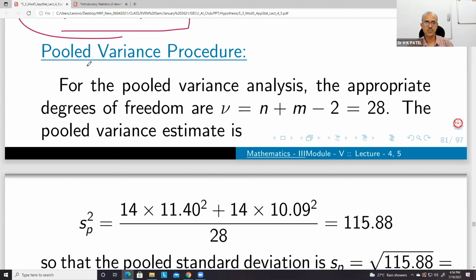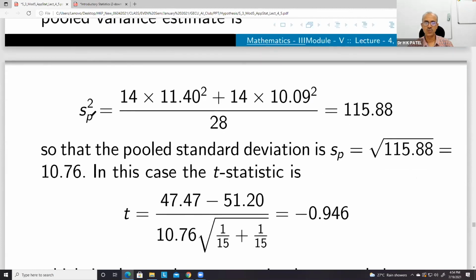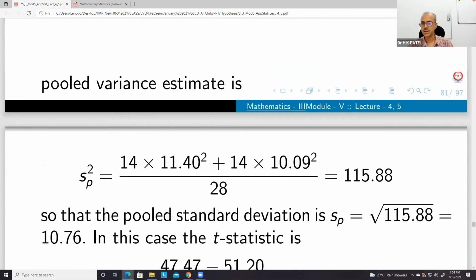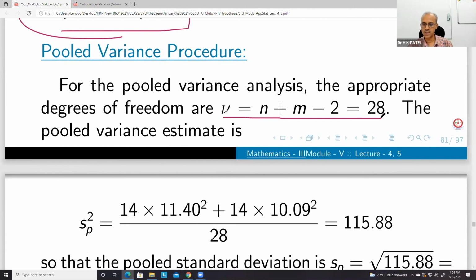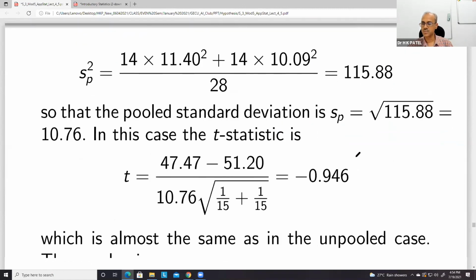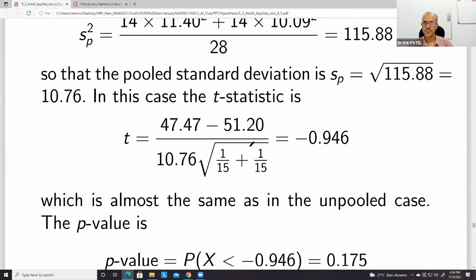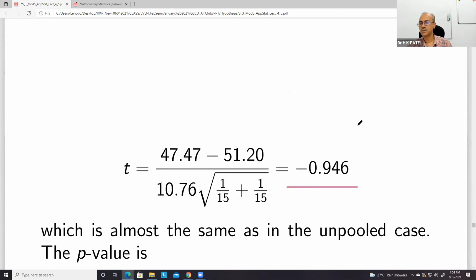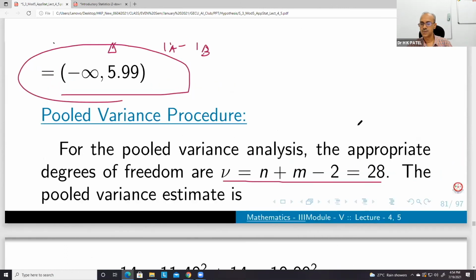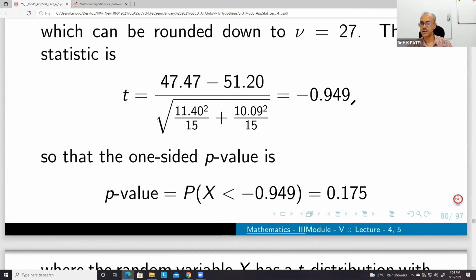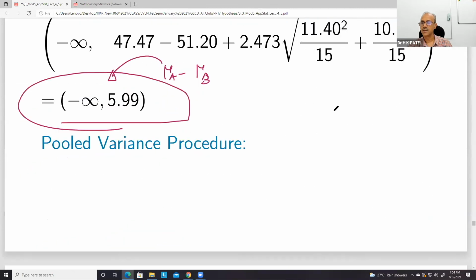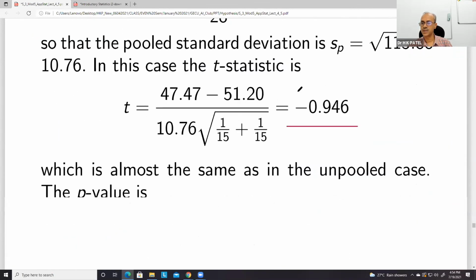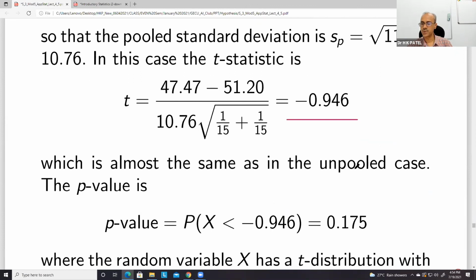However, if we apply the pooled variance procedure, we can calculate a pooled standard deviation, and the degree of freedom will be 28. The T statistic is minus 0.946, and the P value is again 0.175. The T statistic was 0.949, so it is a very marginal difference. The P value is the same for both.